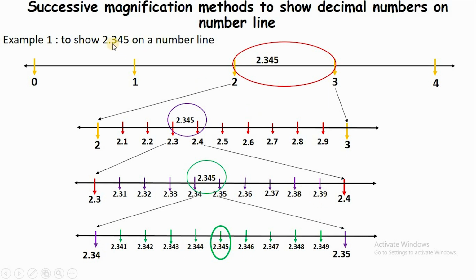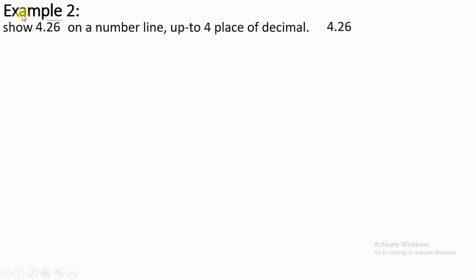Now here, since the decimal numbers are terminating, it's quite easy. Now in the next example, we are going to take another number where the decimal numbers are non-terminating but recurring. That is 4.26 bar on the number line, and in the question it is mentioned up to 4 places of decimal.